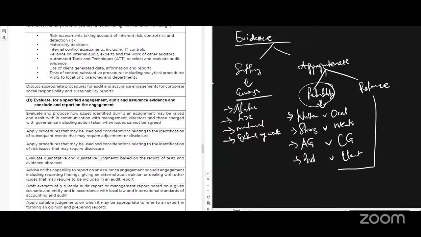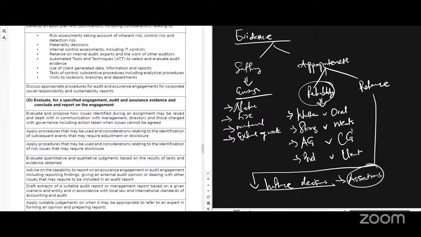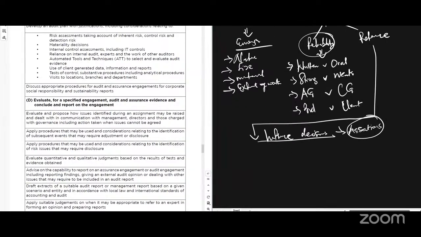When we talk about relevance of audit evidence, we are looking at the ability to influence decisions. And the ability to influence decisions depends on something we call assertions. The assertions are general statements or principles or objectives that have been made about the account that should hold true.